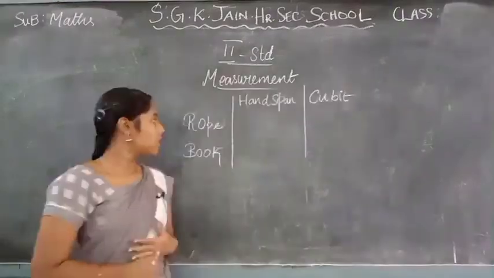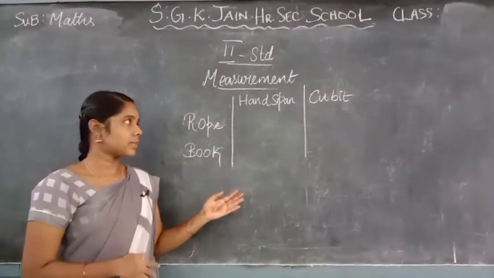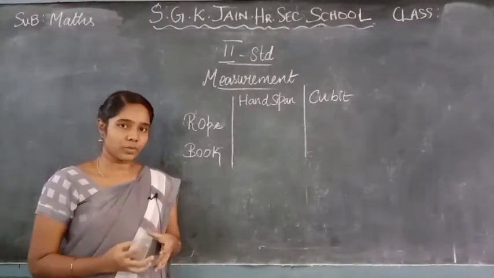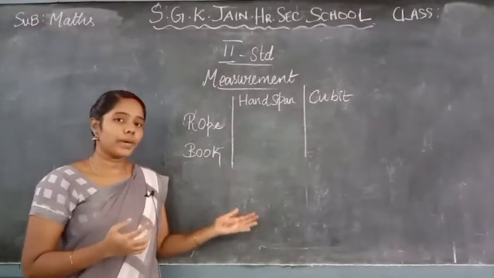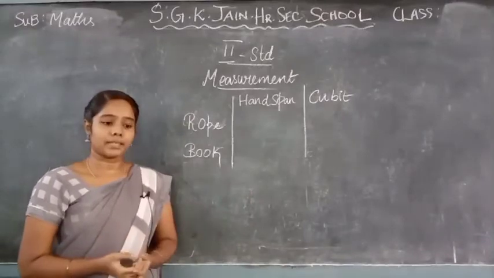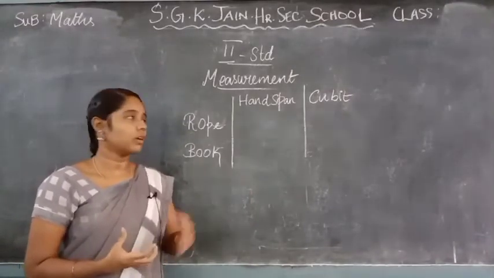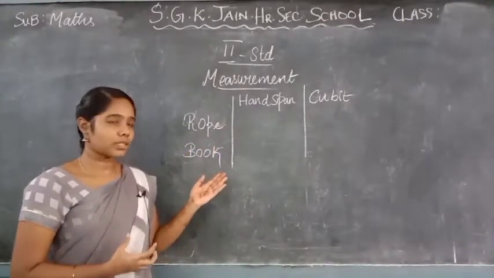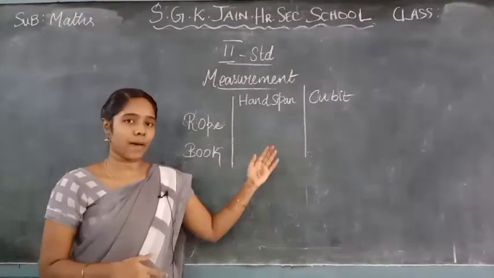Previously in this video, we discussed the non-standard units of measurements like hand span, cubit, foot span and pace. Now we are going to measure two given objects using hand span and cubit.